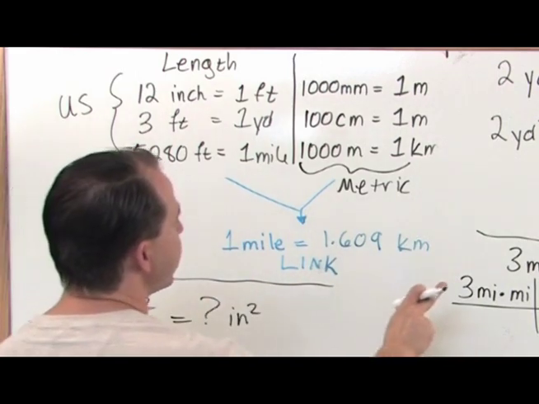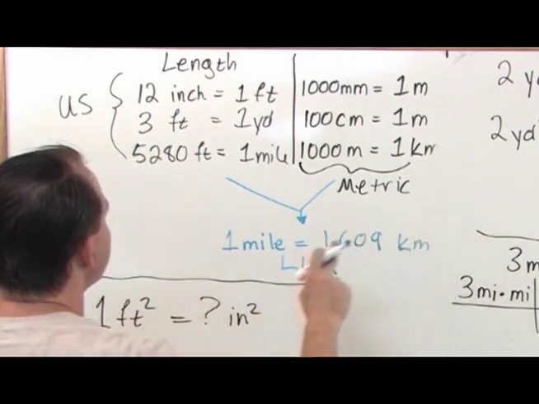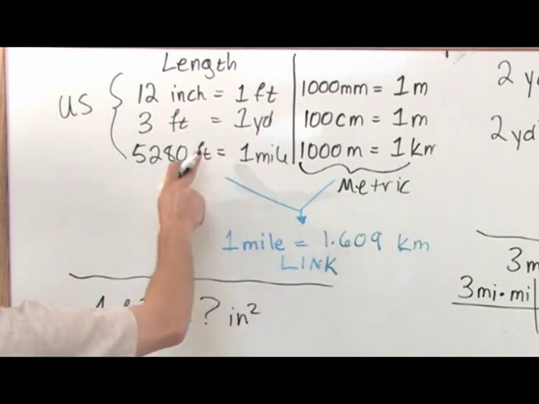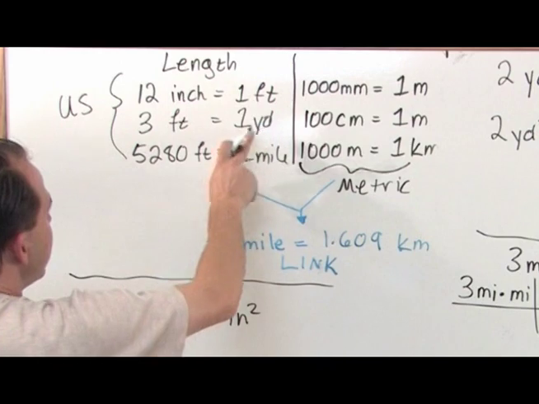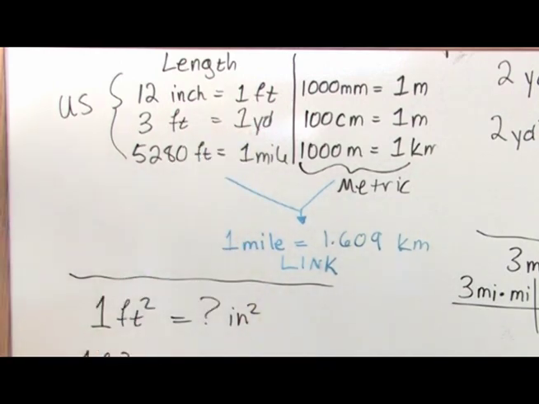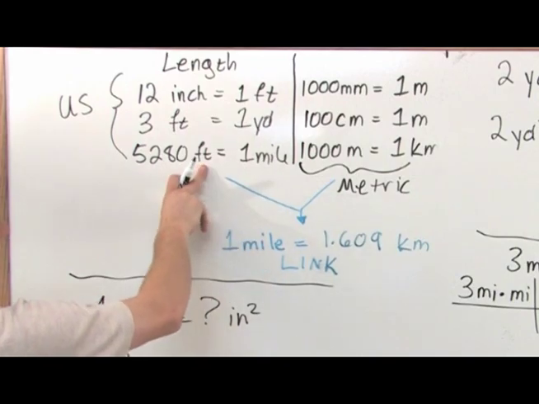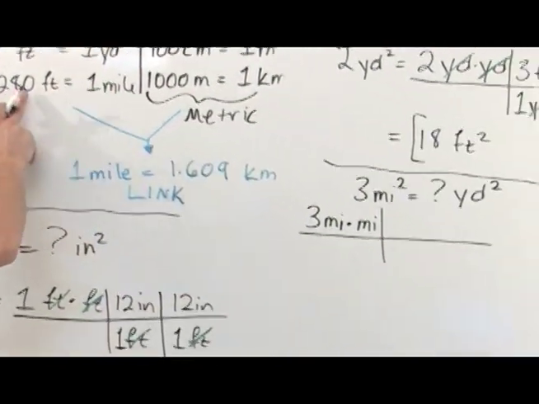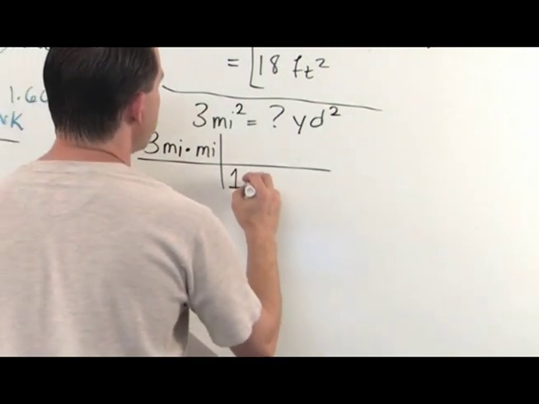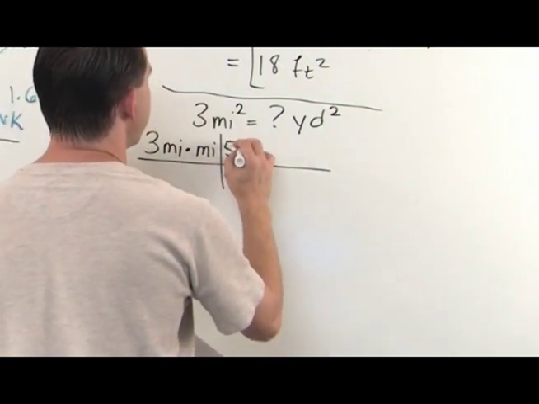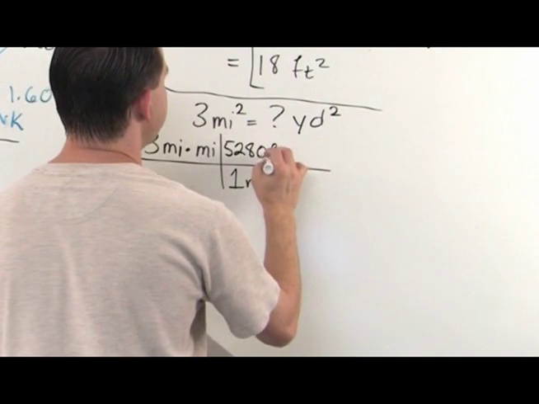So we don't know how to go from miles to yards, but we know how to go from miles to feet, and we know how to go from feet to yards. So we can get where we're trying to go, we just have to go 2 levels through it, or 2 conversions through it. So let's go from miles to feet, okay? We know that 1 mile is 5,280 feet, so we write it as 1 mile is 5,280 feet.